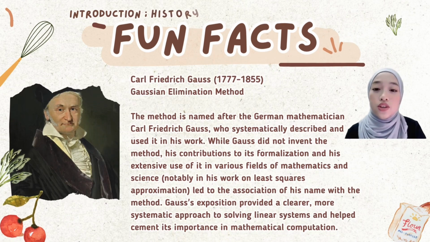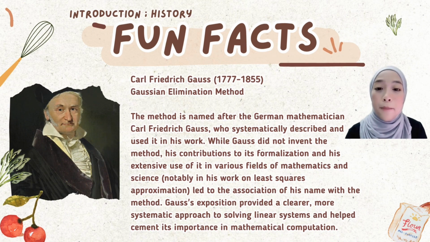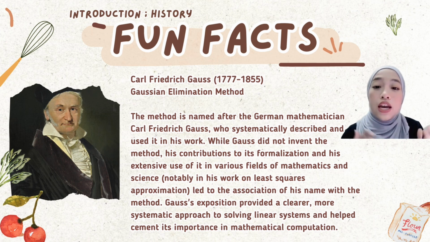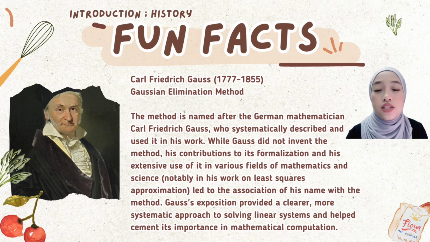Introduction to the history of the Gaussian elimination method. These are the fun facts of it. Basically, the Gaussian elimination method is named after the German mathematician Friedrich Gauss, 1777 until 1855, who systematically described and used the method in his work.